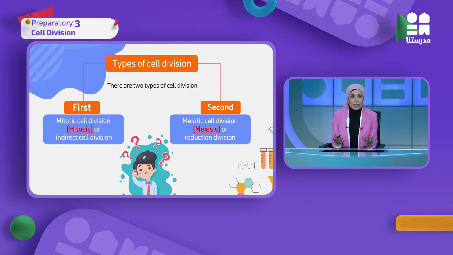Choose the easiest one to tell me, but you have to know both, so when a question comes you know the difference. Mitotic division is mitosis, and meiotic division is meiosis. The meiotic division or meiosis has another name, which is reduction, and we are going to know why we call it reduction after we see its steps.